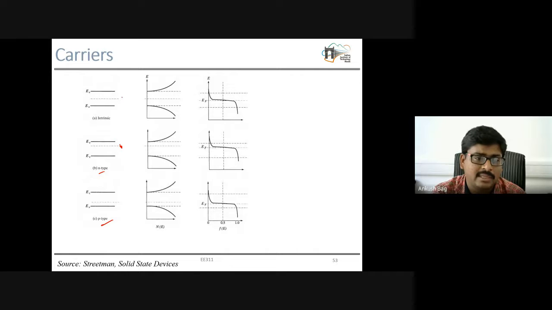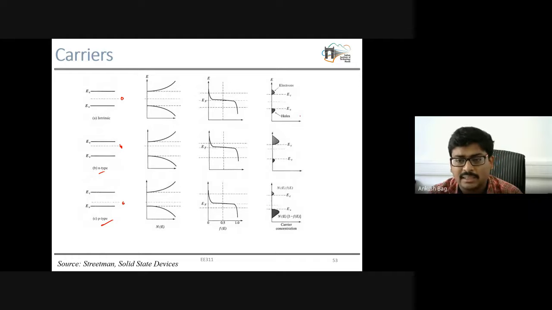So Fermi level in case of intrinsic is at the middle, but in case of N type it is closer to the conduction band. In case of P type it is closer to the valence band, and accordingly you will get here your intrinsic material, that means N equals P, and here obviously this is N type, N greater than P, and this is a P type, P greater than N.